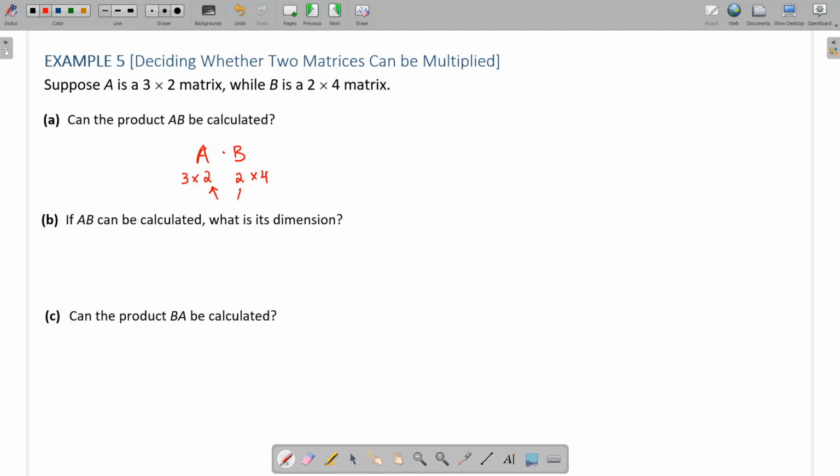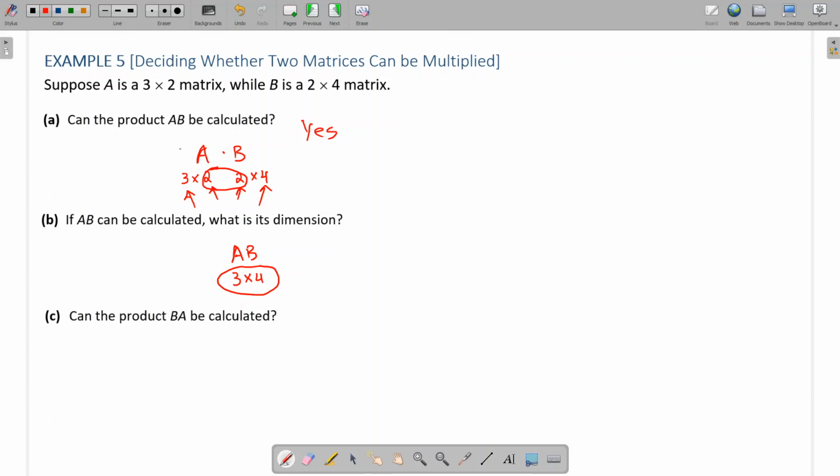Yes, we can, because those match. As long as these match, then yes, we can multiply those. All right, if we multiply them, what is the dimension of the resulting matrix? Well, the resulting dimension is a 3 by 4 matrix. So the product AB, if you complete that matrix, you get 3 by 4 as its dimension. 3 rows, 4 columns.